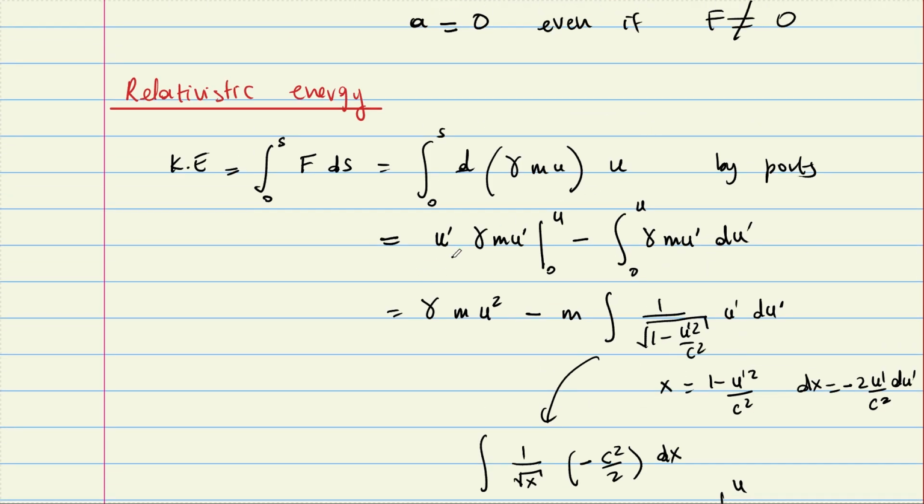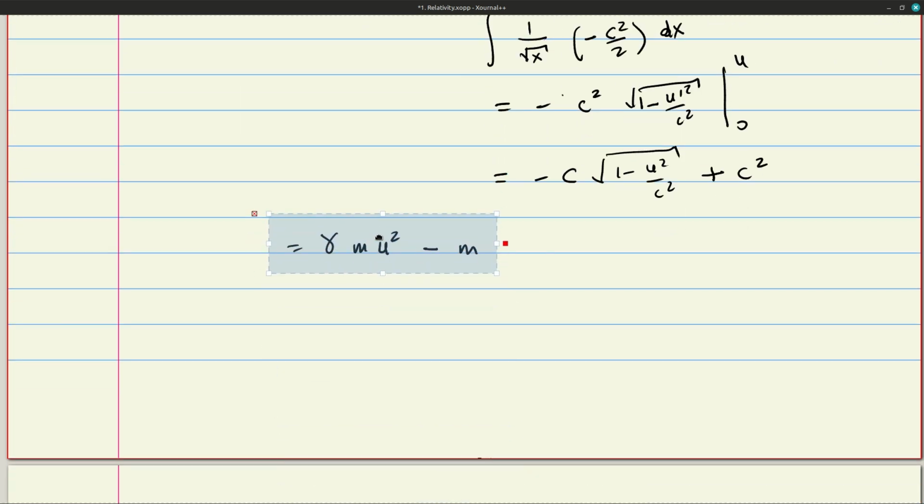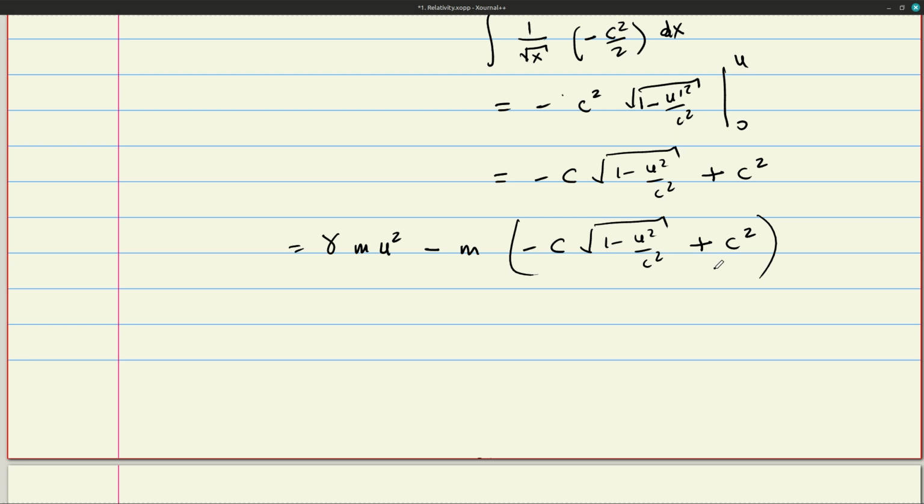Now I can copy this entire thing, and this one is going to be the product here, like this. And what I have here is gamma m u squared plus mc squared root of 1 minus u squared over c squared plus mc squared. Let me check if I missed anything.